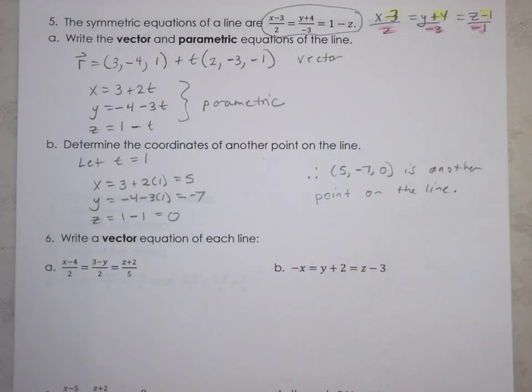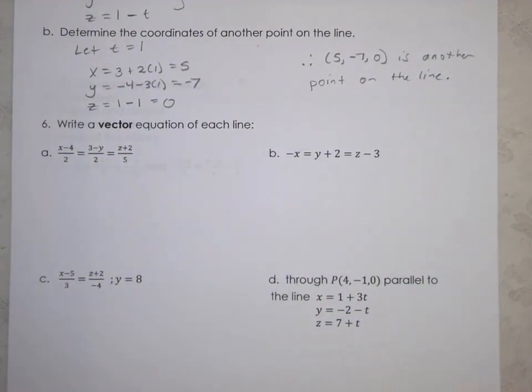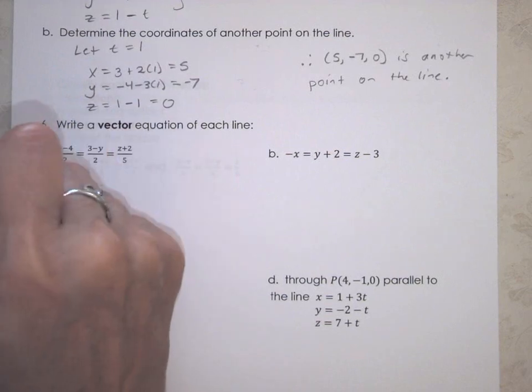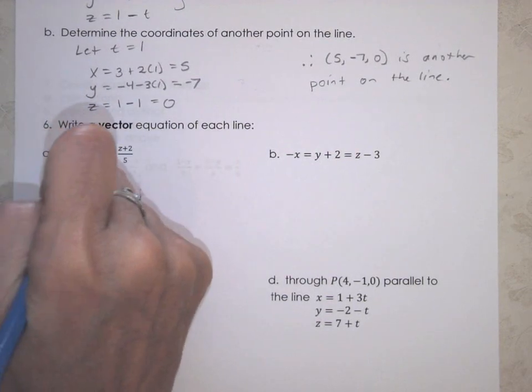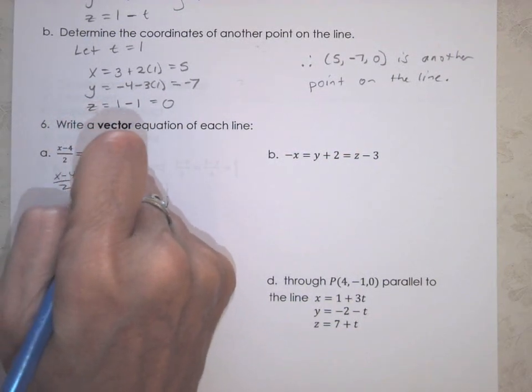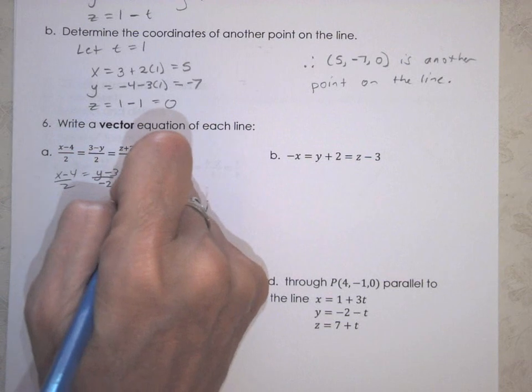Okay, number 6, write a vector equation of each line. In 6a, the first thing we do when we're given a symmetric equation is make sure it truly is in symmetric form. The x part's fine, but here we have to change 3 minus y to y minus 3, which means we have to multiply the bottom by -1 as well, making it -2.